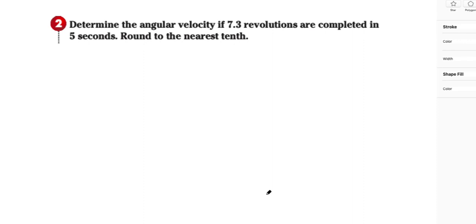In this example, we're going to be determining the angular velocity if 7.3 revolutions are completed in 5 seconds, and we're going to round to the nearest tenth. So what is angular velocity again? We use omega. Omega is equal to theta over t. We know that theta is going to be the angular displacement, so we need to figure that out.